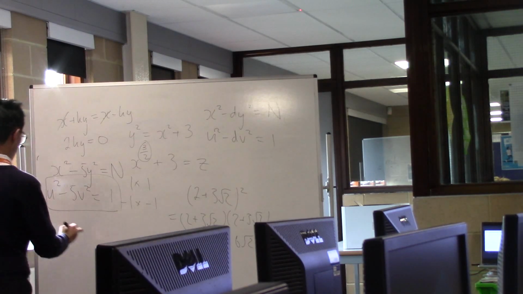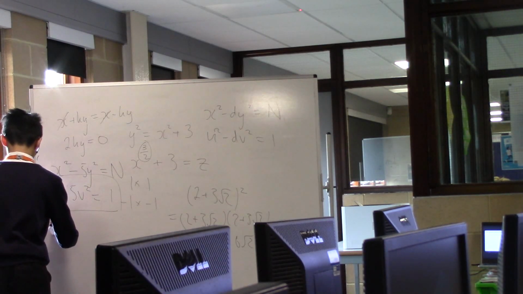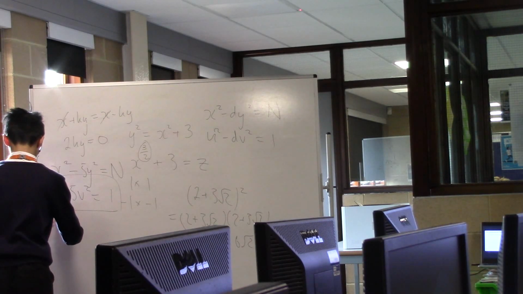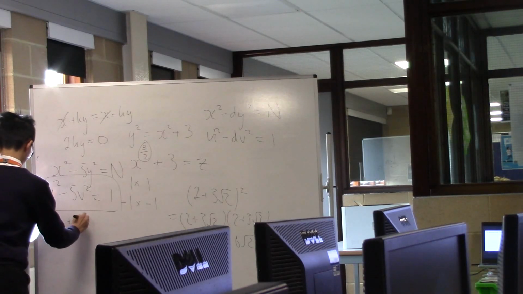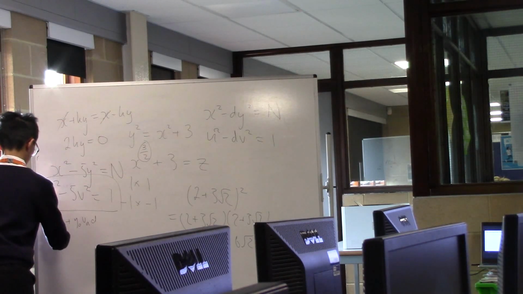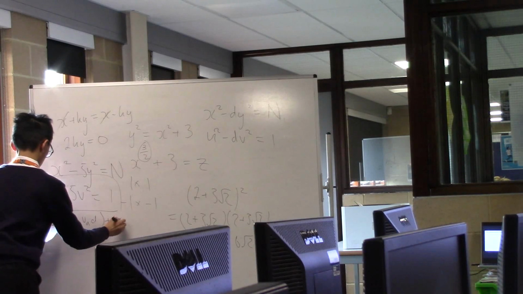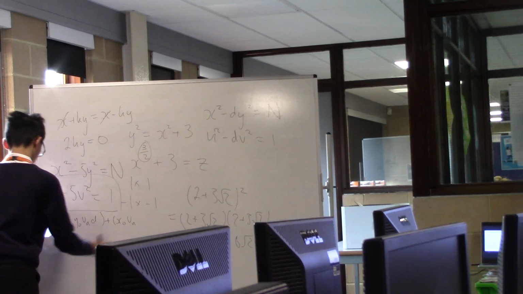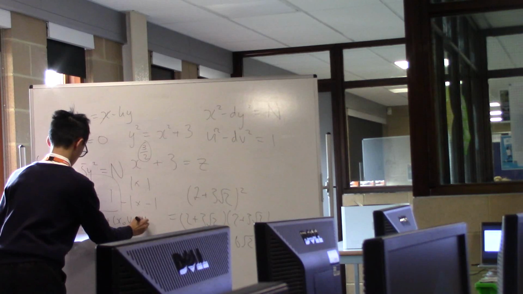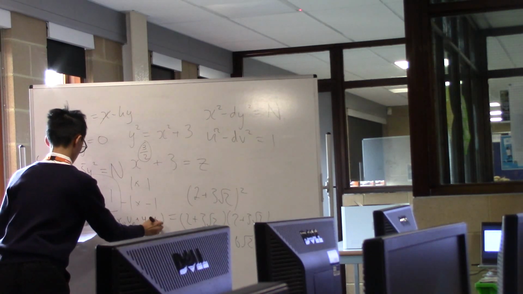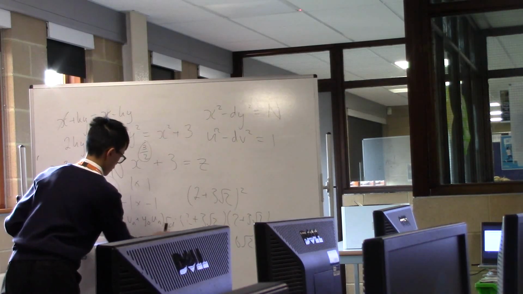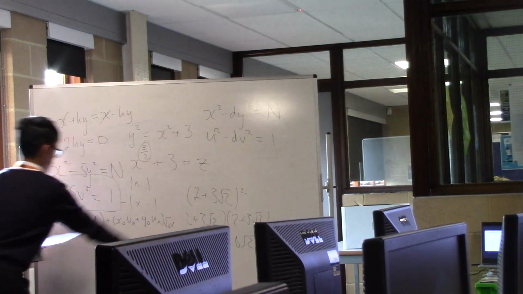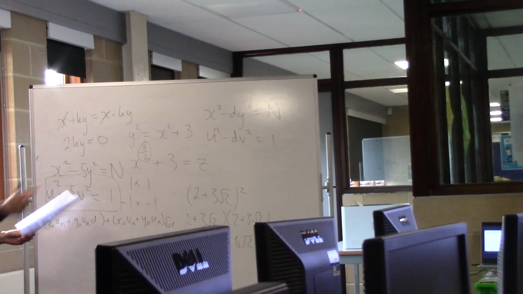So we've got x0 un plus y0 vn d plus x0 vn plus y0 un root d. Okay, that's what we've got on the board there.